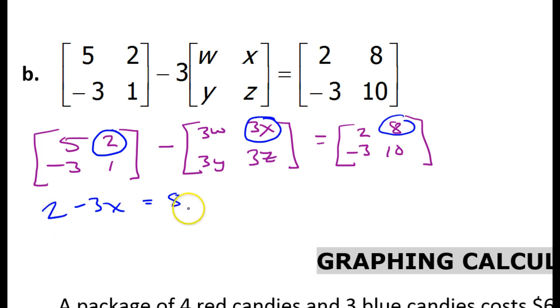Subtracting 2 from both sides, that gives me negative 3x. Oh, that's not an x. I must have seen the 6 coming in my subconscious. Subtracting 2 from both sides, I get 6. Dividing both sides by negative 3, I get x is equal to negative 2.